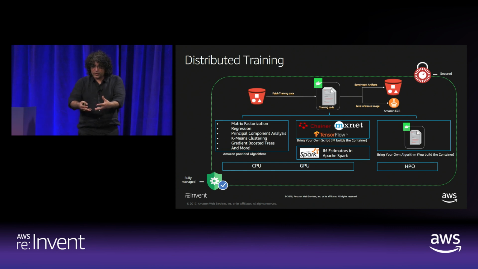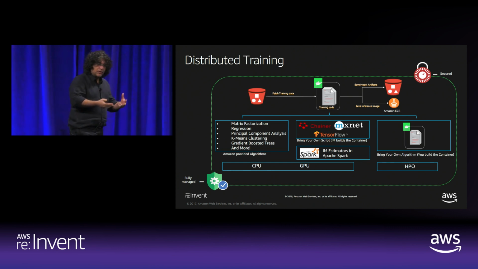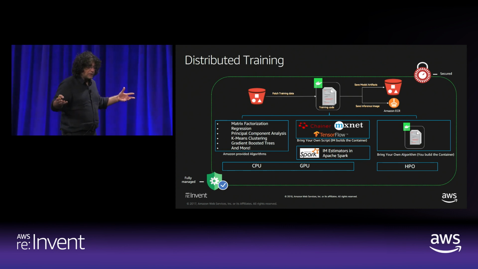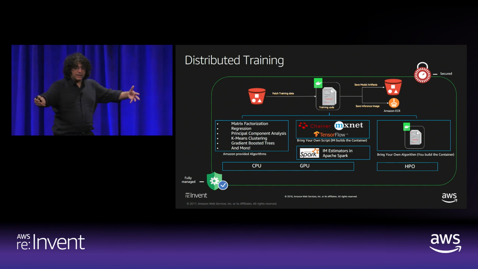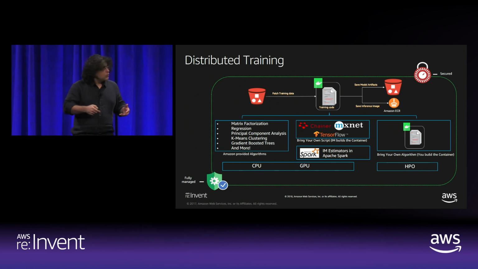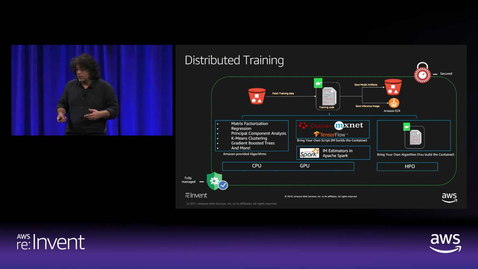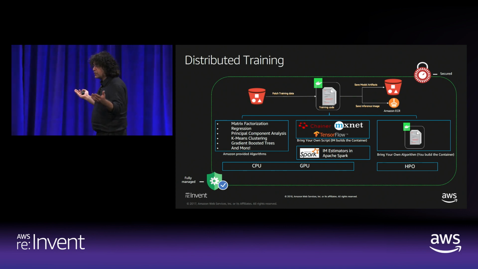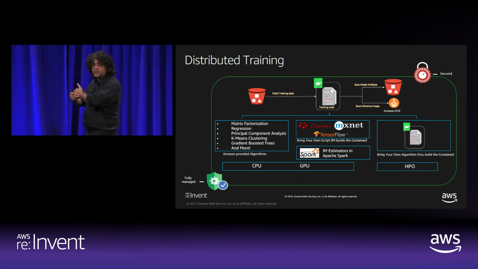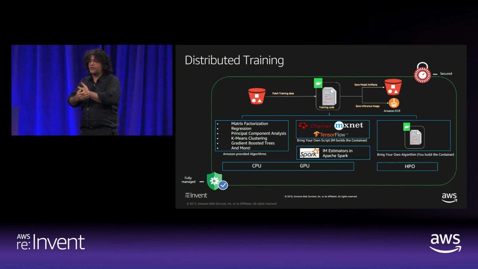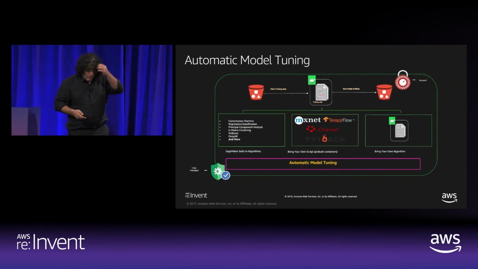The machines inside the cluster are created. You can decide how to secure it and how to do encryption, and then the training is distributed in that cluster. The result is put on S3. That is your trained model, and then the cluster is destroyed, and you pay only for the seconds that you use that cluster. That makes it very efficient for these expensive GPUs under the hood.